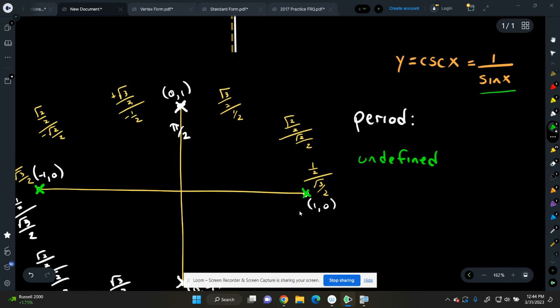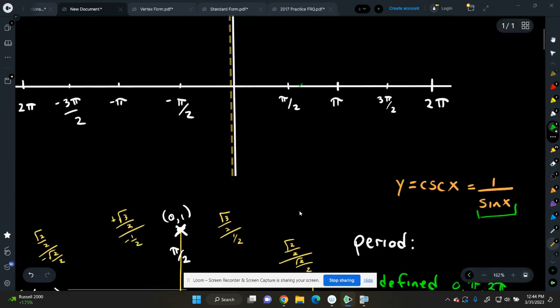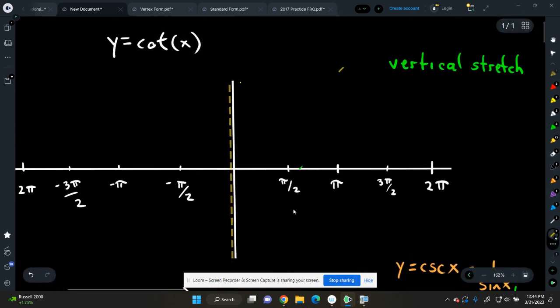Where the sine is equal to what? 0. And sine is represented by y, so it's where the y is equal to 0. So it's going to be undefined at 0, pi, 2 pi. That's where it's undefined. So we're going to put our undefined line in there at 0, pi, and 2 pi. And of course, I'm going to go the other direction also.